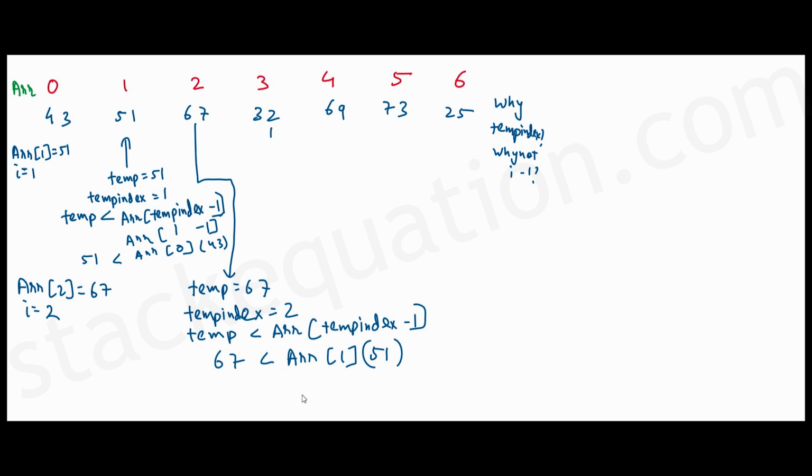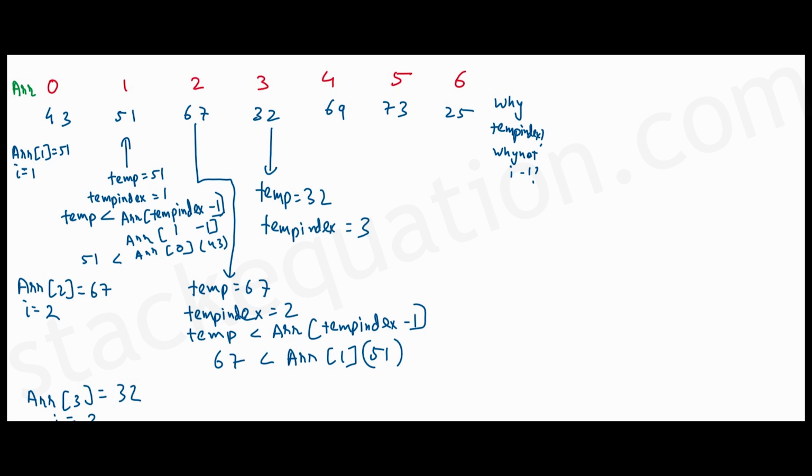Next is 32. I'll store 32 in temporary. By index it is the third element. So array of 3 is 32, the value of I is 3, and temporary index is 3 here.